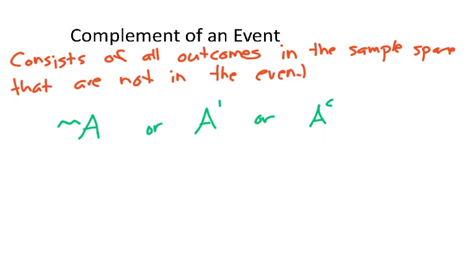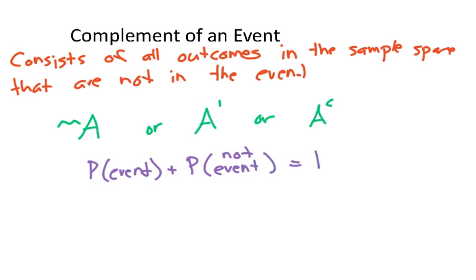And basically, how you find the complement is you have to consider what is the probability of something and not something happening at the same time? So my example I use, what's the probability that it rains or does not rain? And that should give you 1. It either is going to do something or it isn't going to do something. So the probability of an event plus the probability of not that event happening too should equal 1.